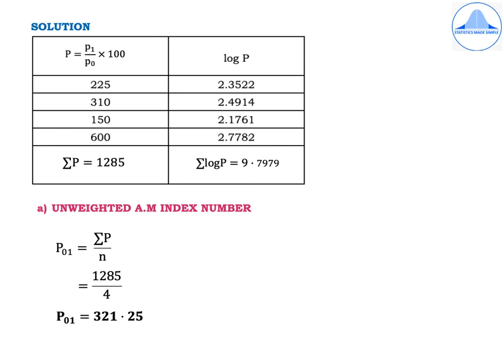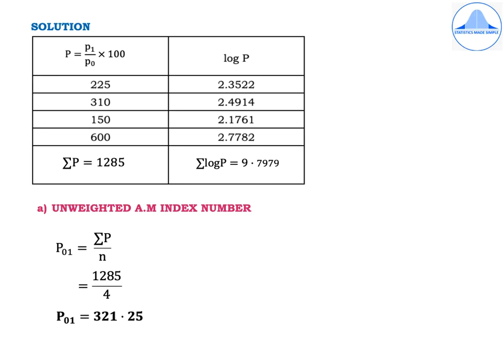Now the second column, you have to find out log P. In other words, you have to find first log of 225, which is 2.3522. Similarly, log 310 is 2.4914. Log 150 is 2.1761 and log 600 is 2.7782.